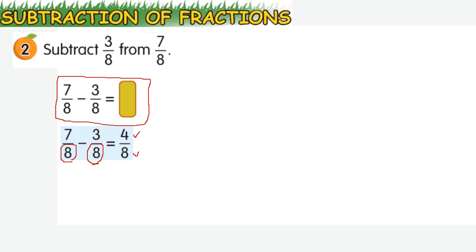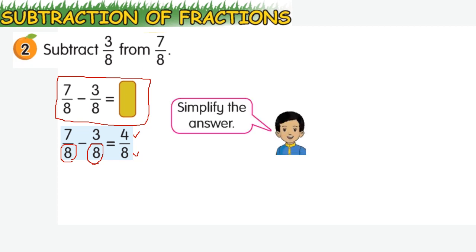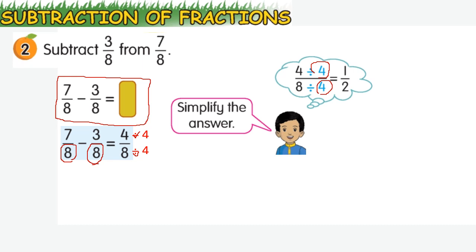But remember, 4 over 8 is not in simplest form. You already learned how to simplify fractions in your previous class. So 4 and 8 are in table 4. So we have to divide 4 and 8 by 4. 8 divided by 4, and then 4 also has to be divided by 4.